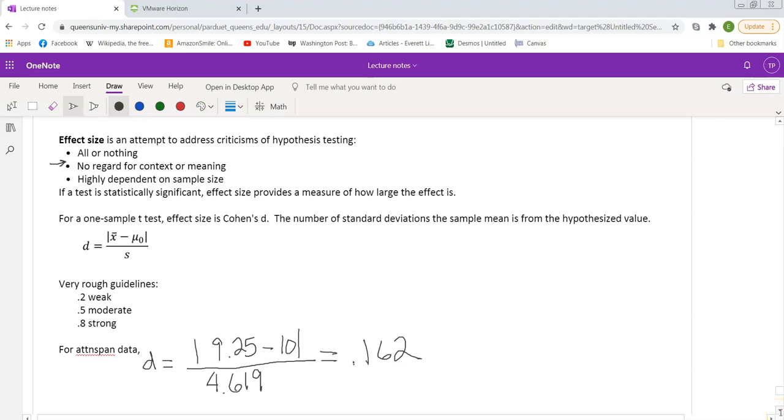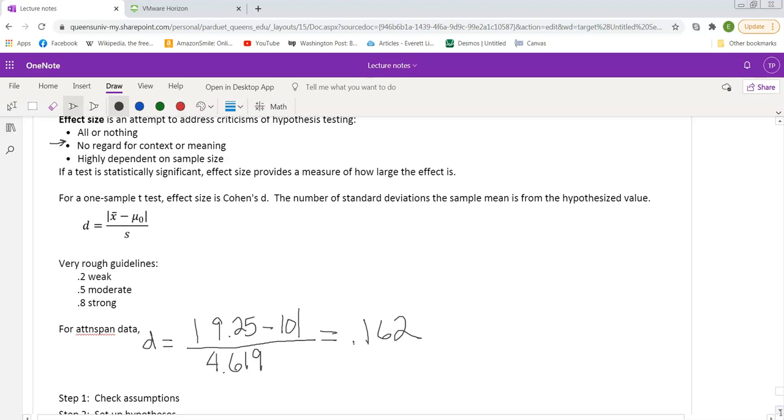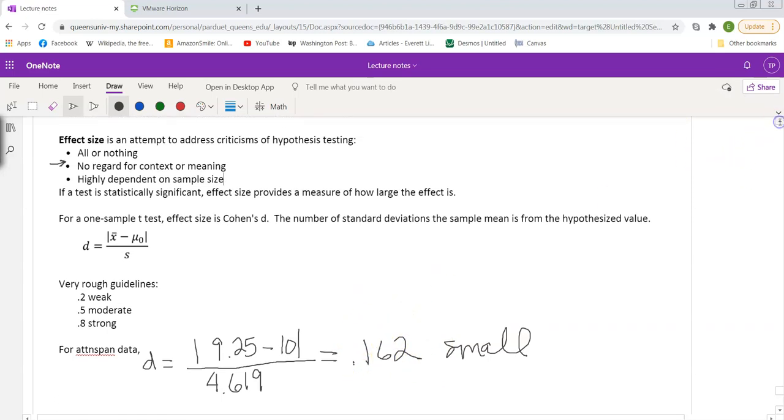Having said that, this one is a small effect size. Okay. So the way I think of effect size is it's kind of like, with a hypothesis test, a yes and or a yes but.